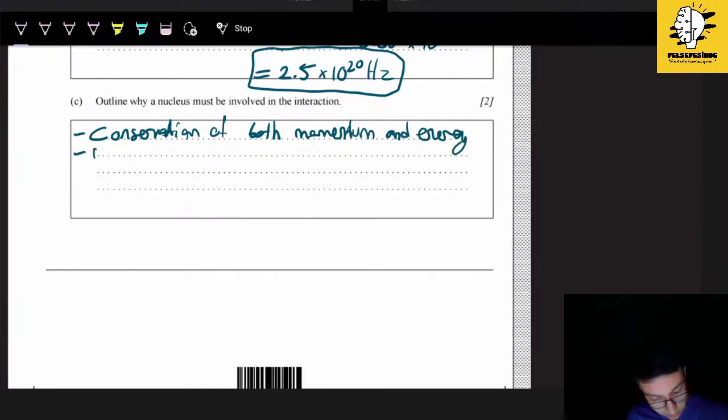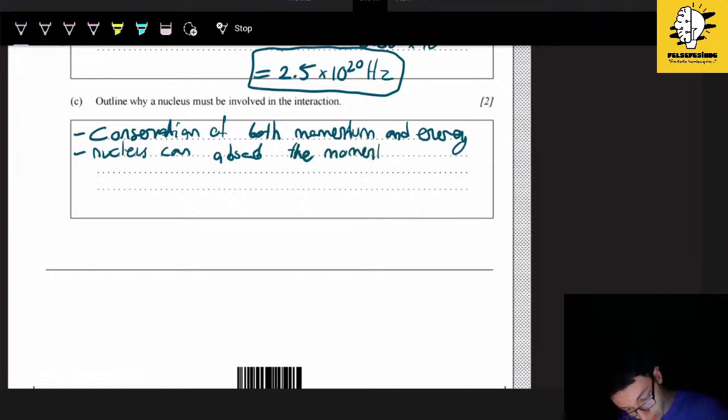Because the nucleus can absorb the momentum, allowing the reaction to occur.